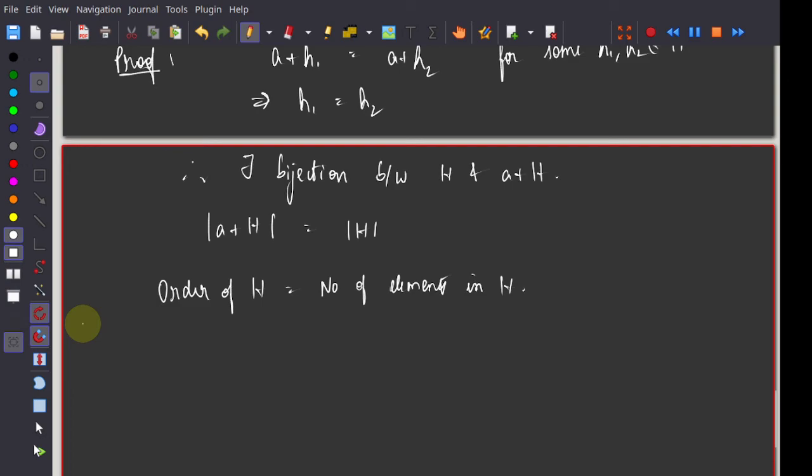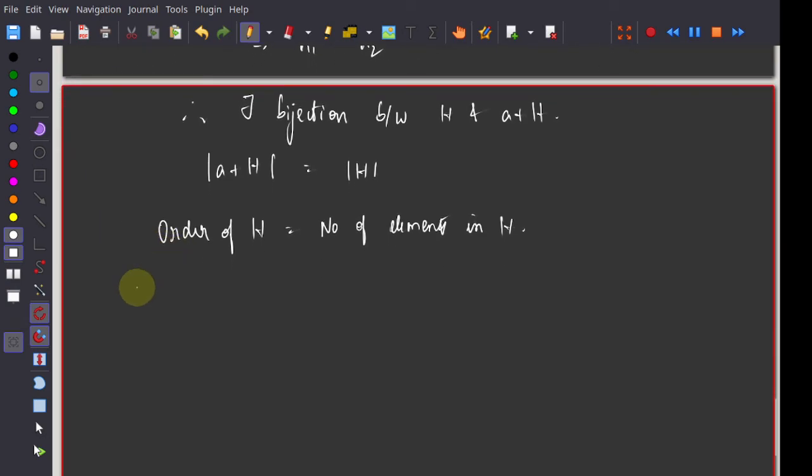The second property that we need is the following: distinct cosets of H are disjoint.